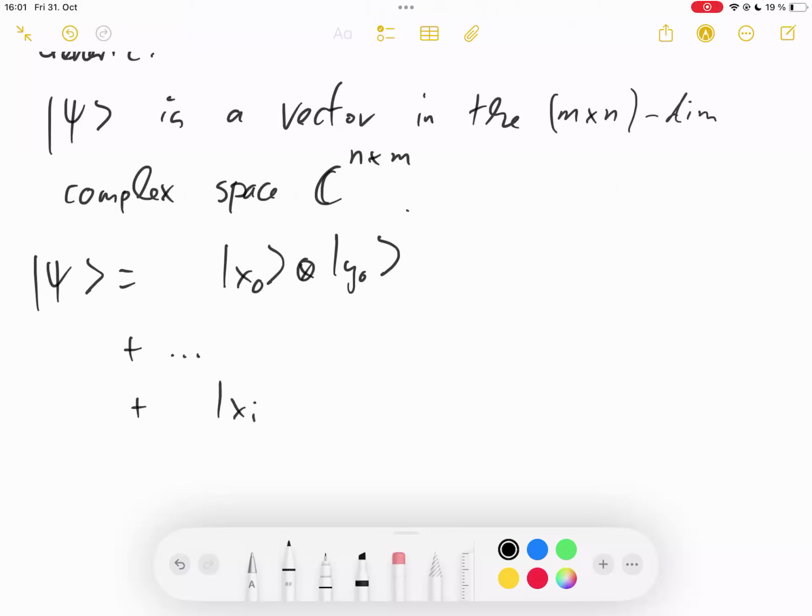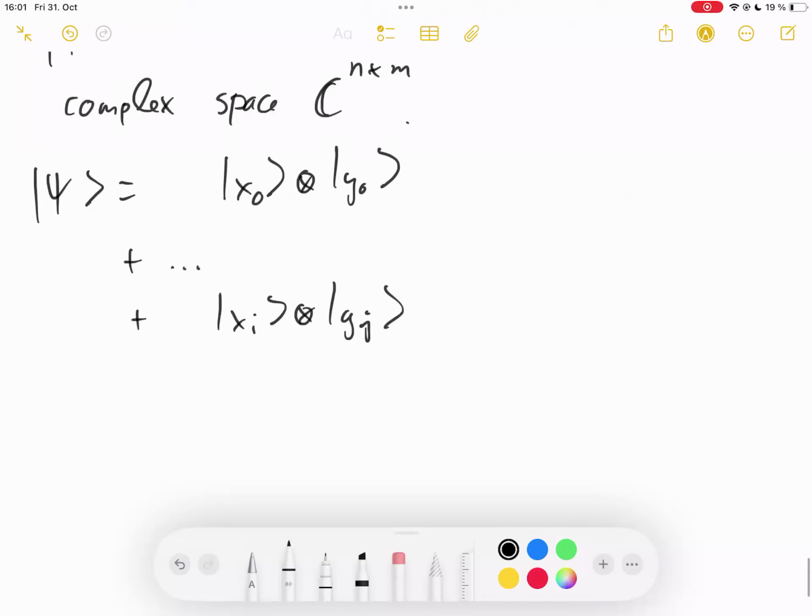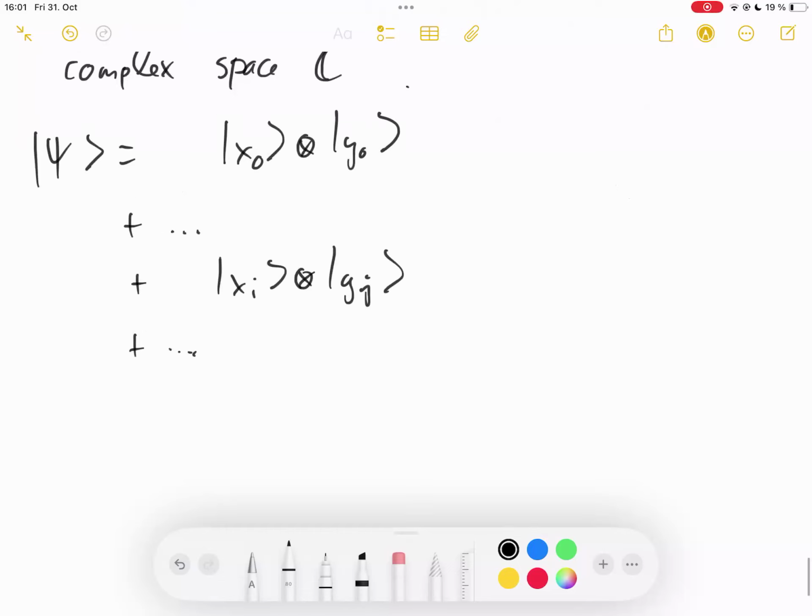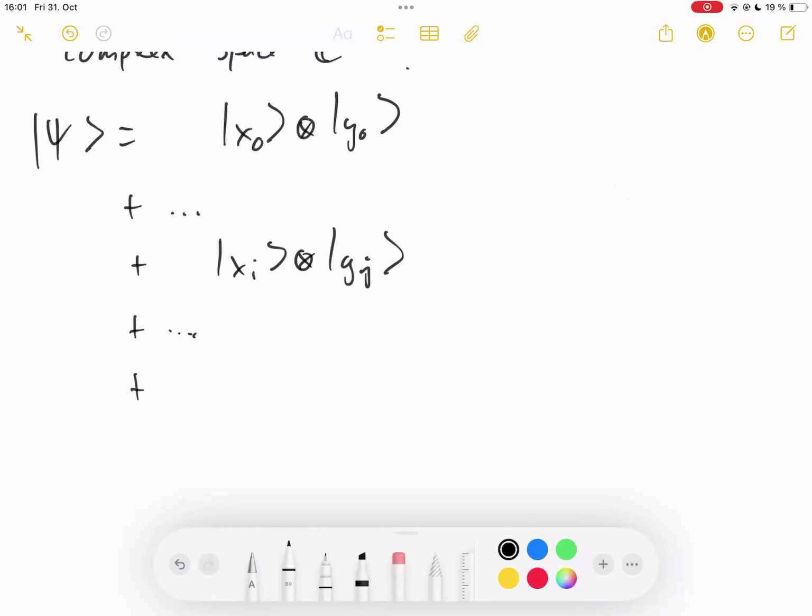Then xi, tensor product with yj. And then again, dot, up to, we have our xn minus 1 cat with the tensor product of ym minus 1 cat.